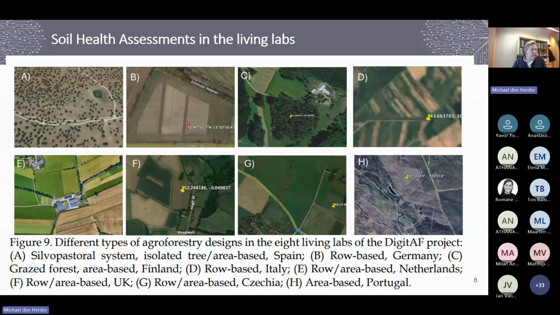Here you see the different types of agroforestry systems from the air. In the different countries we had silvopastoral systems and also row-based systems, so they were analyzed in a different way.